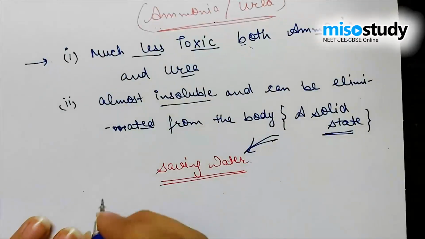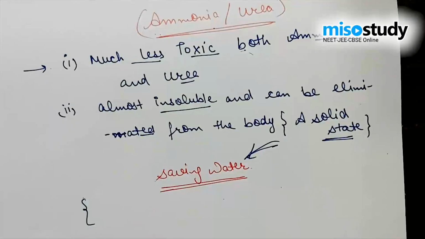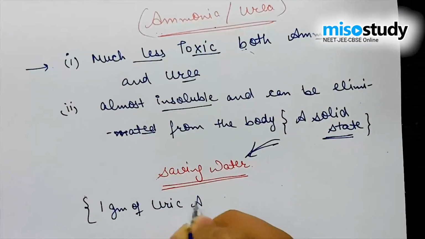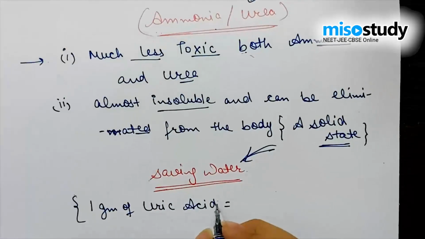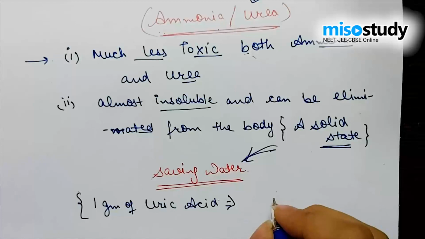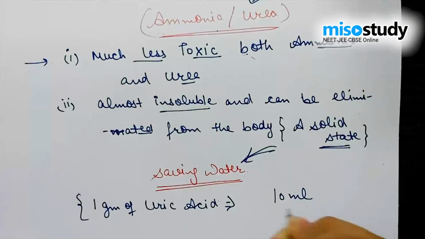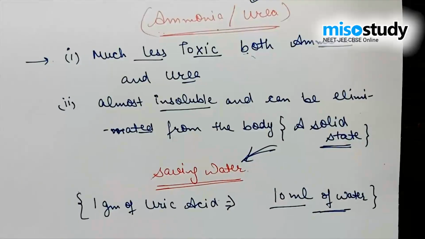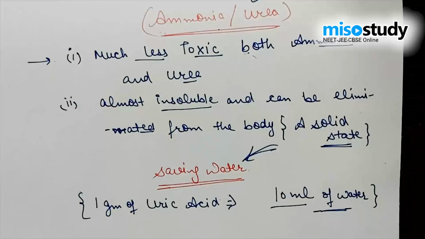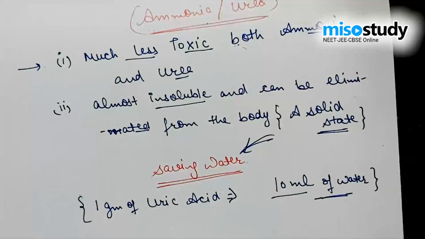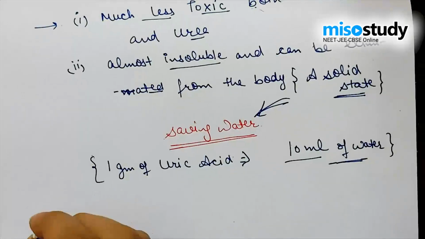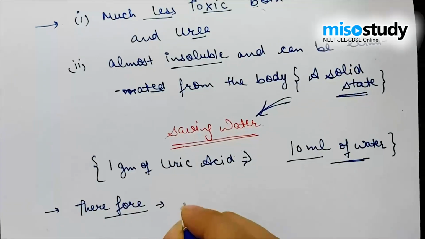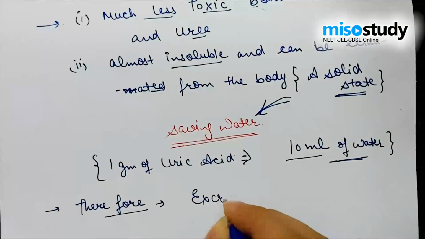For example, 1 gram of uric acid needs 10 ml of water for its excretion.